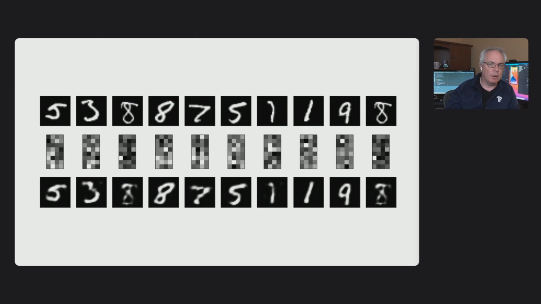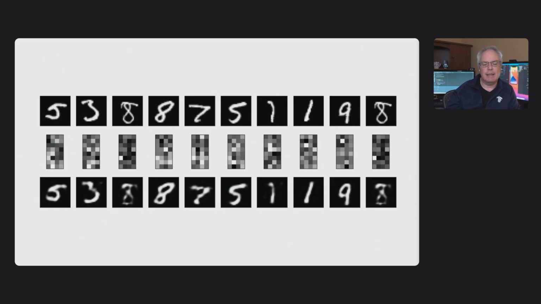But another way that we could do that, given that we have the data, is that we could write a machine learning algorithm where the algorithm would learn a compression of that data that could then be reconstructed. And in this case, this is what has happened here, where I have these digits, 5, 3, 8, etc. Using a machine learning algorithm, I've trained a model to compress it in a certain way so that when you decompress it, the error is relatively low.